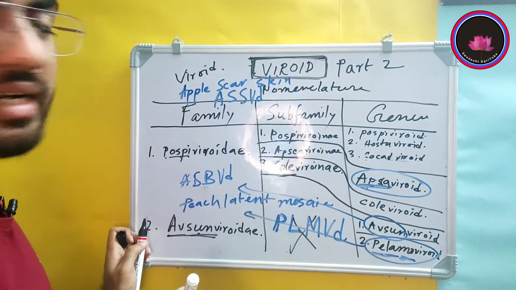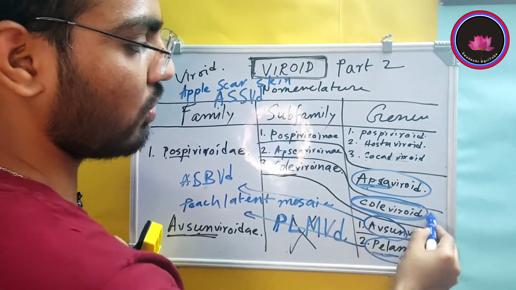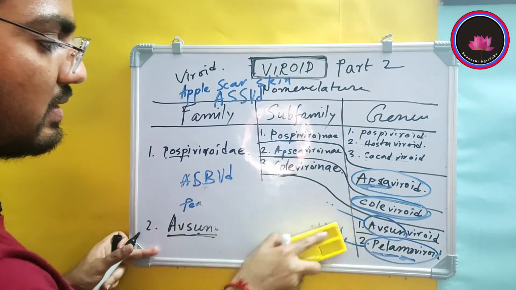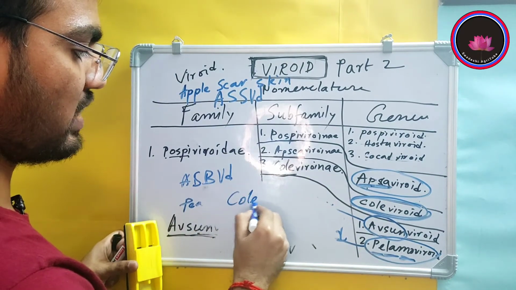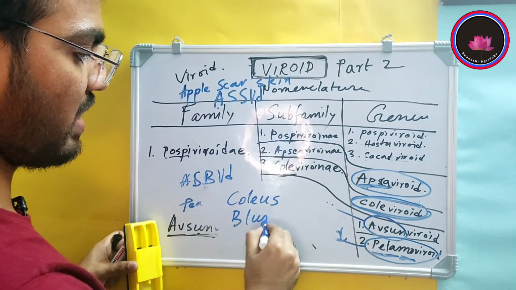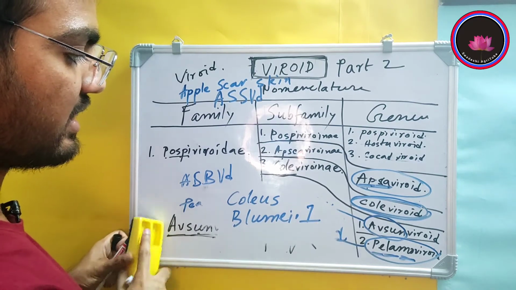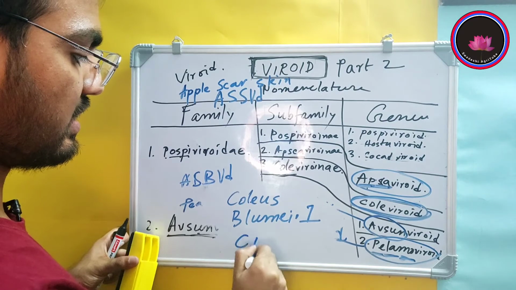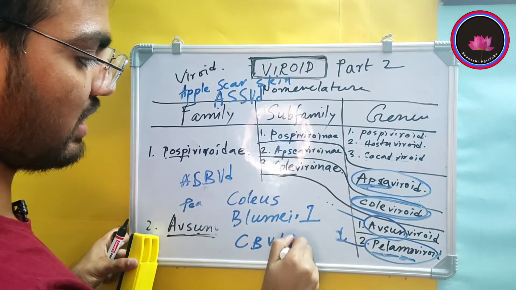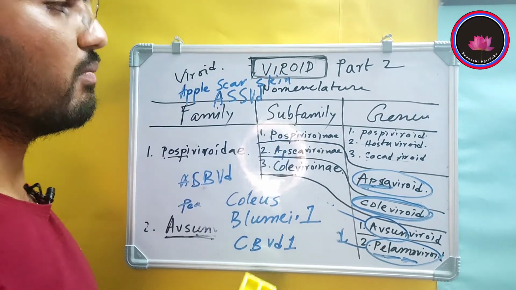It is written like that. And one important example of Coleviroid is Coleus blumei viroid 1, written as CBVd-1.